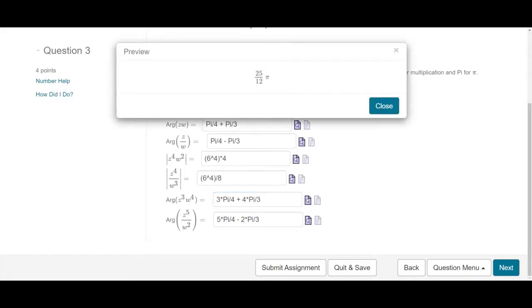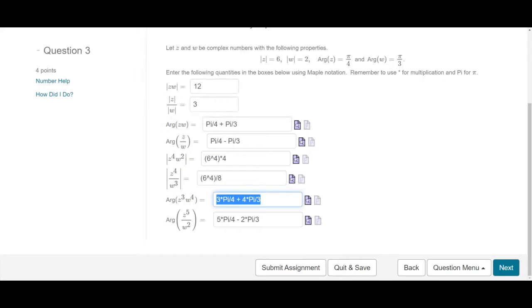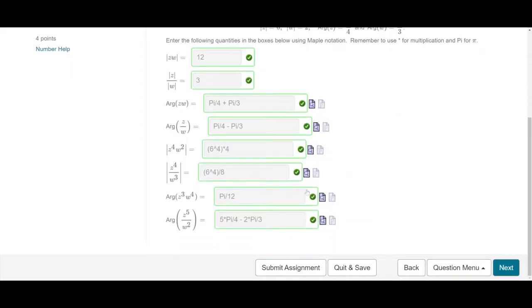So it's 25 pi on 12. That's not the principal argument because it's not between negative pi and pi. So if I simplify this, it'll become pi on 12, right? Yeah. And the same with this one.